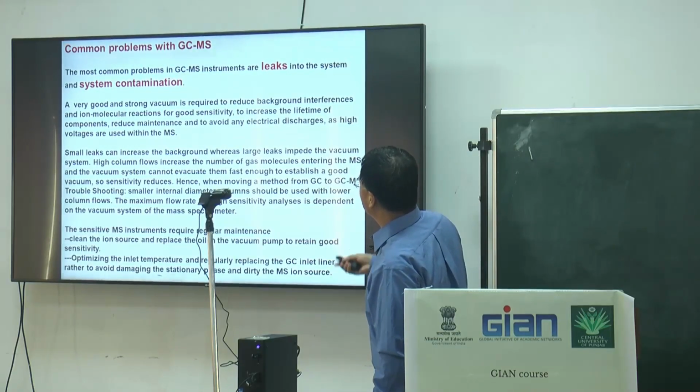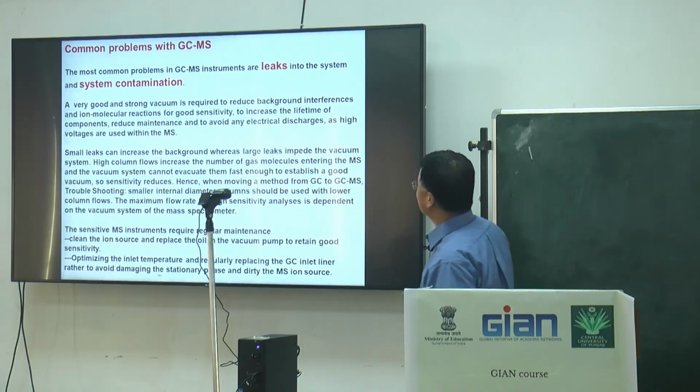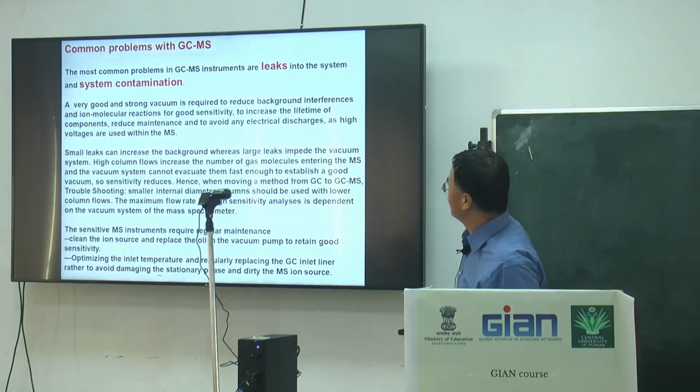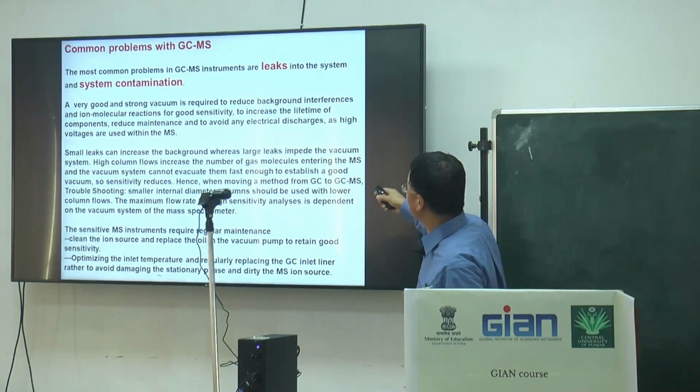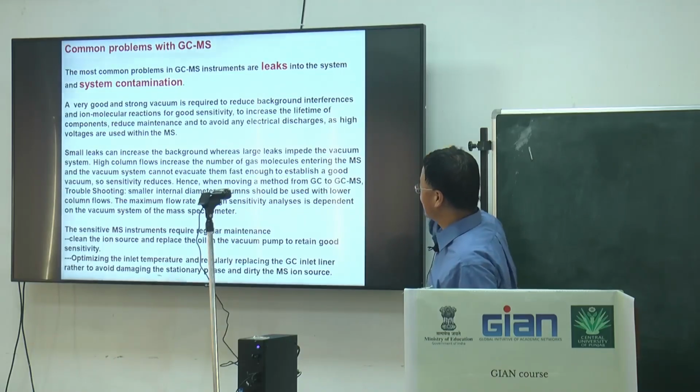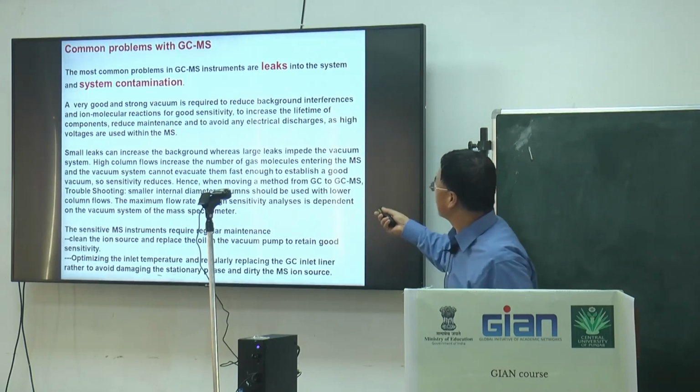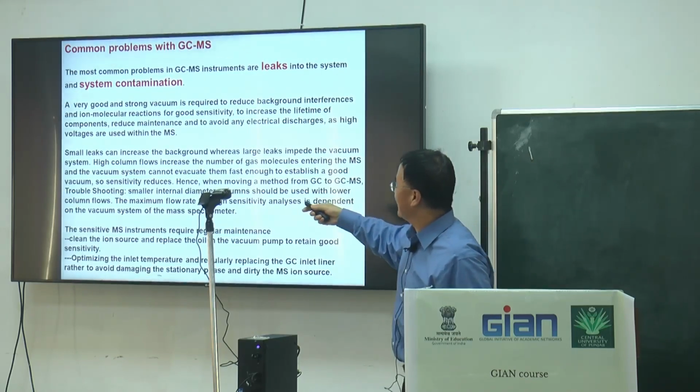A very good, strong vacuum is required to reduce background interference and molecule reactions for good sensitivity, to increase the lifetime of the components, reduce maintenance, and avoid any electric discharge such as high voltage.